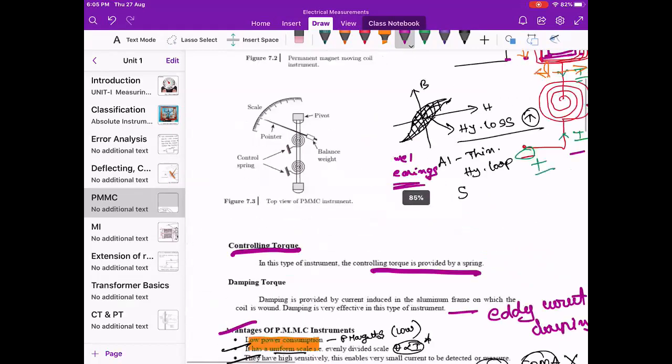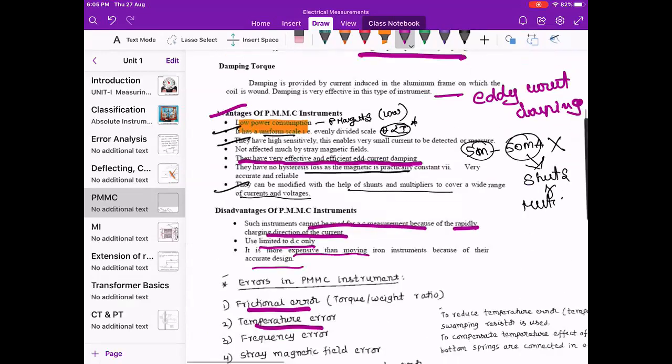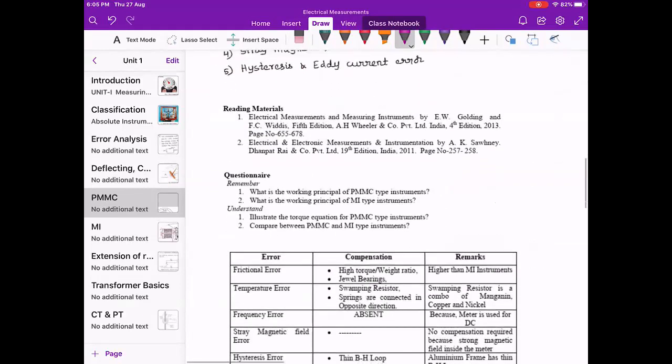Okay, jewel bearings. The ratio of the weight of the moving system and spindle to the torque produced should be low to have very little friction error. We can say that this friction error can be reduced by jewel bearings or a high torque to weight ratio. But whatever you do here, this error is greater than in MI instruments.